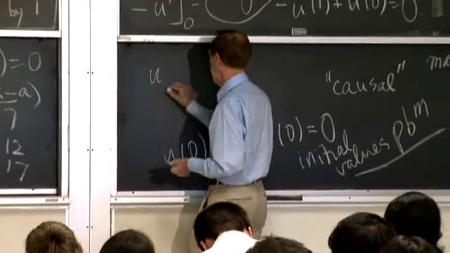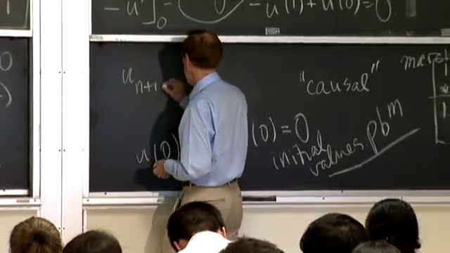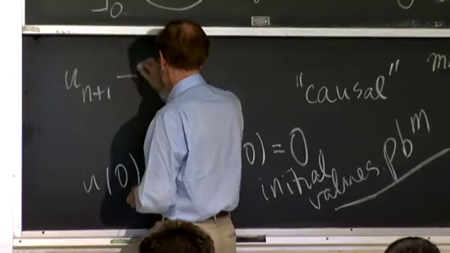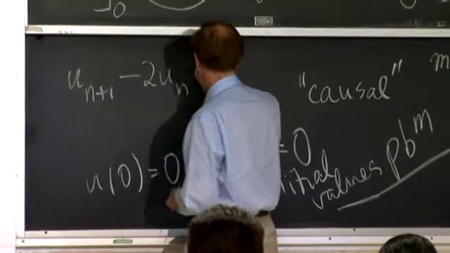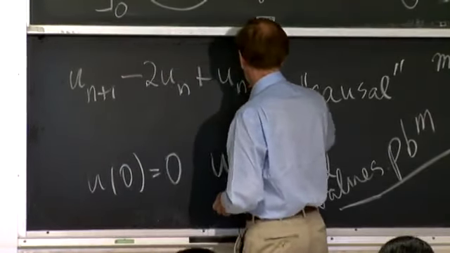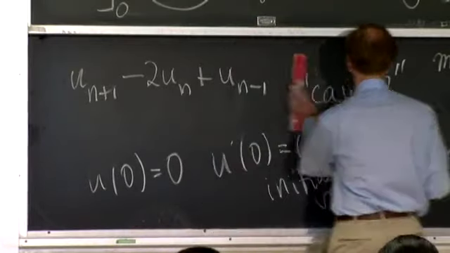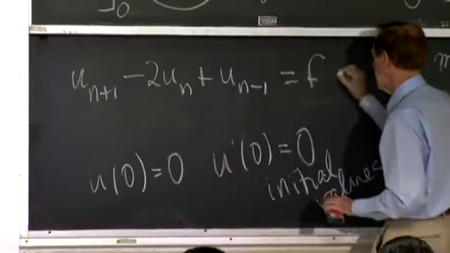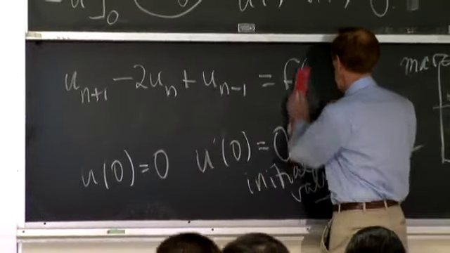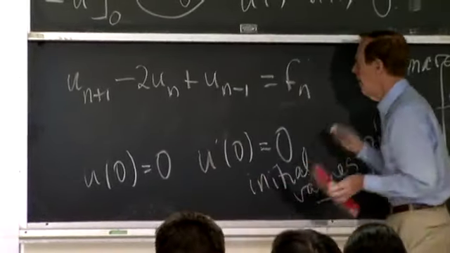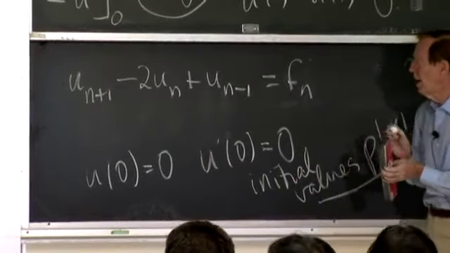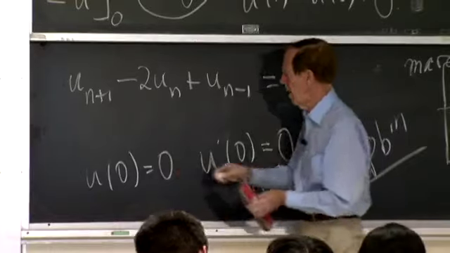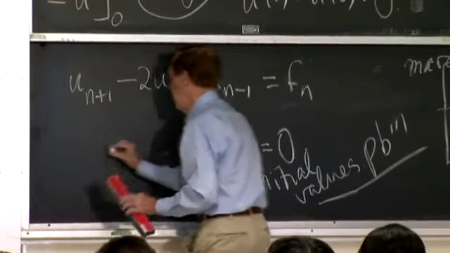I'll use a different letter, n: u_{n+1} minus 2u_n plus u_{n-1} is some right-hand side, if there's a force acting on my thing. So f_n, maybe. By marching forward, I just mean that with this equation, I can go in order.